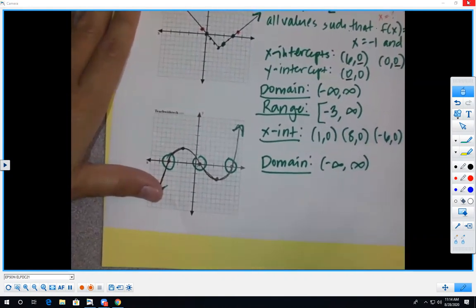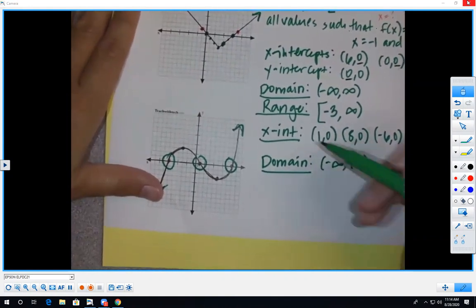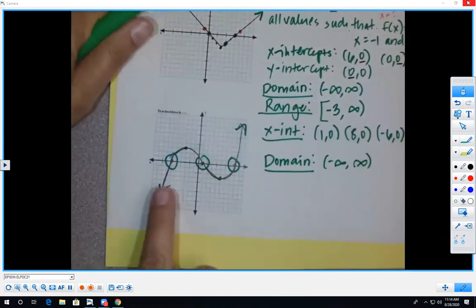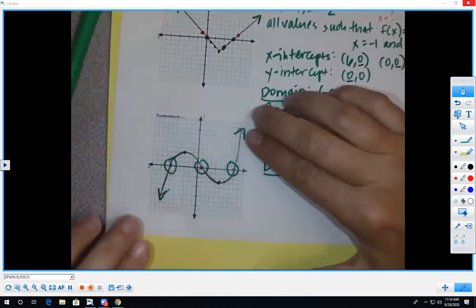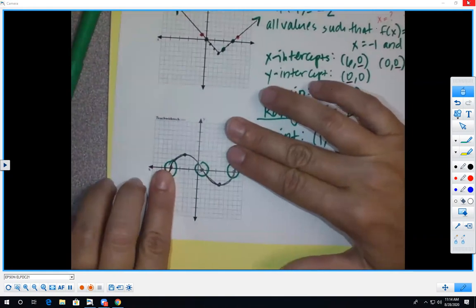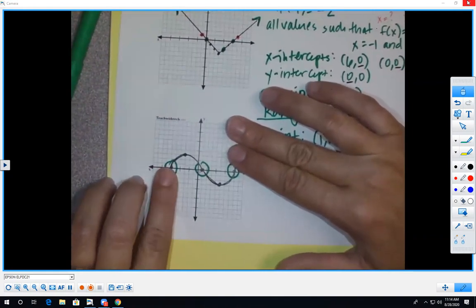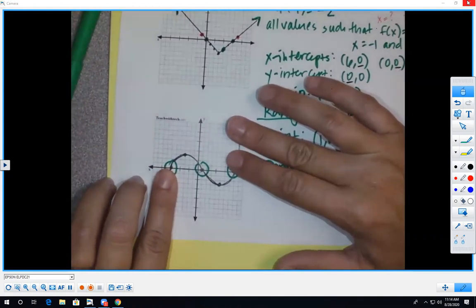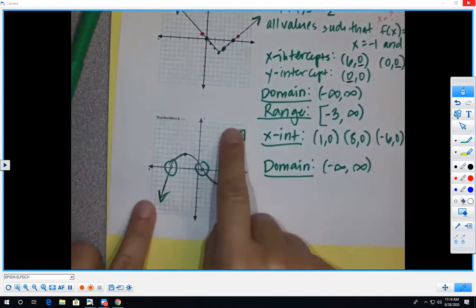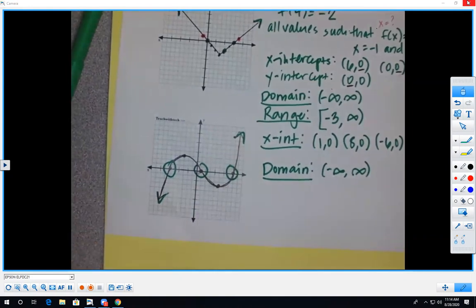There are some that don't have that. I could take a chunk of this graph, I could have stopped at this dot. If I didn't put these arrows at the end, that would have actual domain with numbers, because it doesn't go on forever. It'd start over here on this number and end over here on this number. But if they have arrows on the ends, for the most part, not every situation ever, they are -infinity to positive infinity.